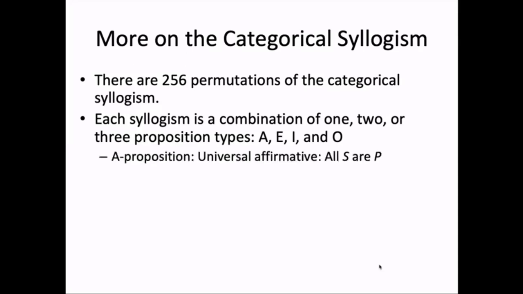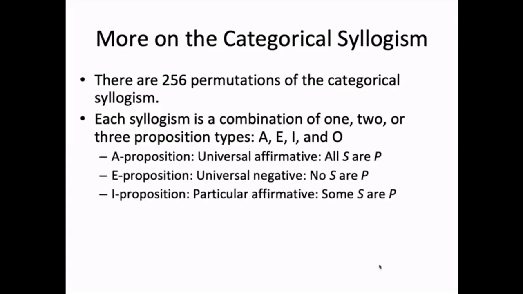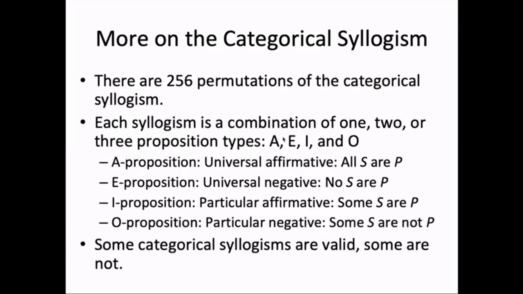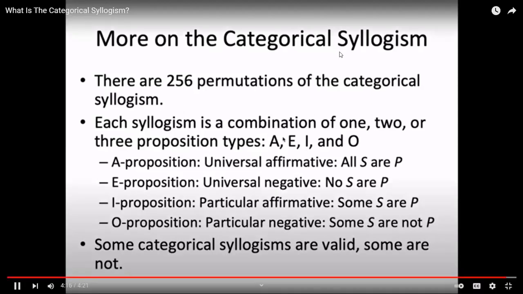Remember, the A proposition is the universal affirmative, the E proposition is the universal negative, the I proposition is the particular affirmative, and the O proposition is particular negative. Finally, some categorical syllogisms are valid, some are not. For discussions of validity and methods of testing a categorical syllogism for validity, please see the relevant videos.